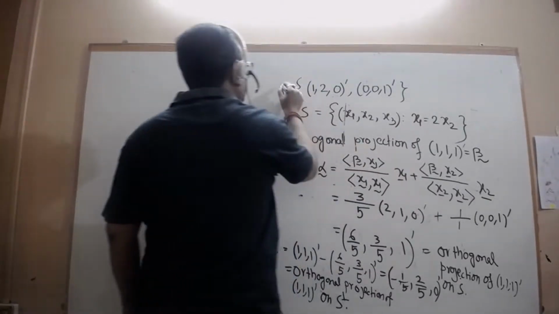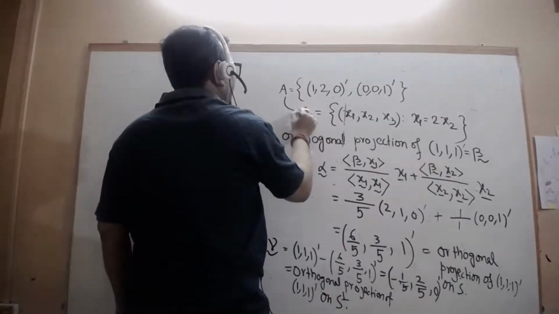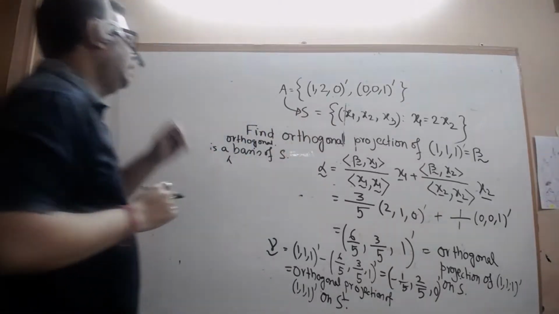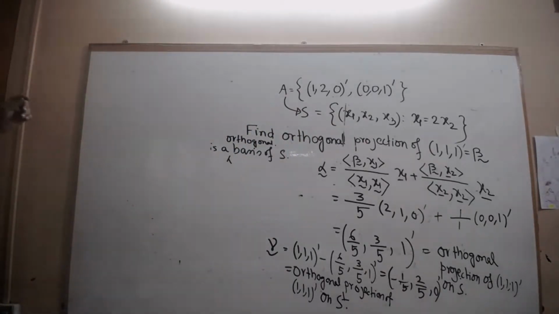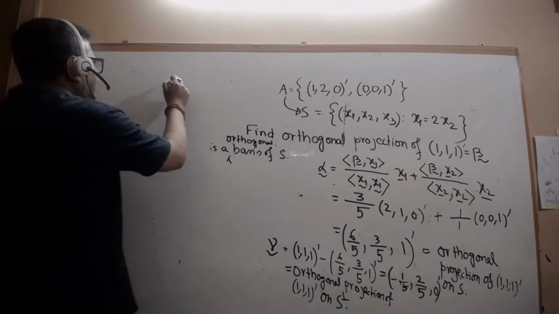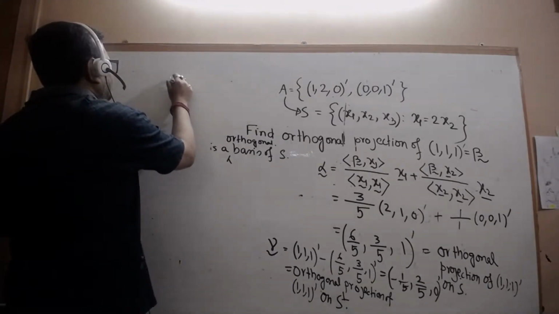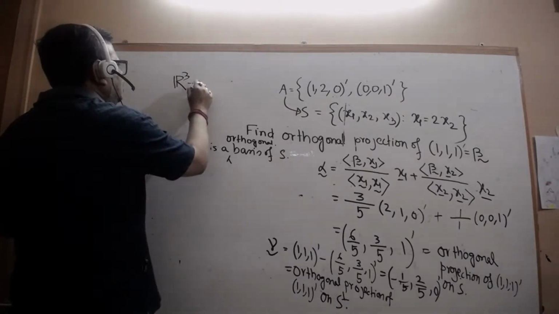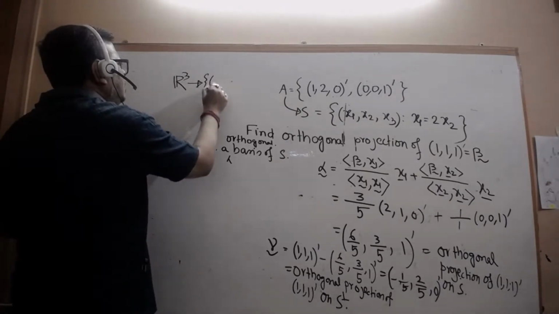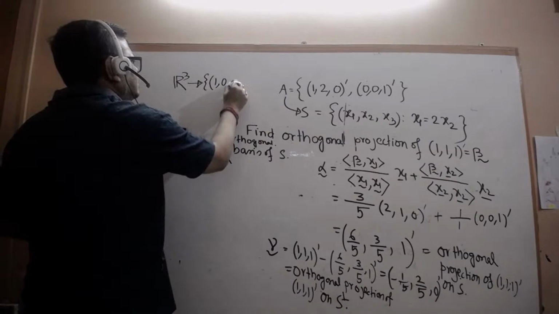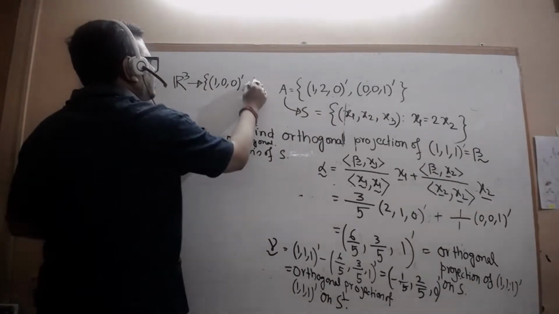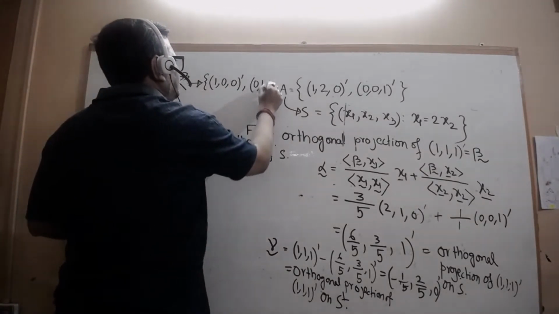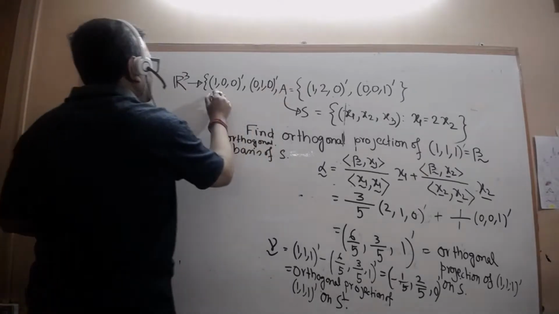This is the basis of S, and if you take R cube, we know the canonical basis is this, which I already discussed in my previous class.